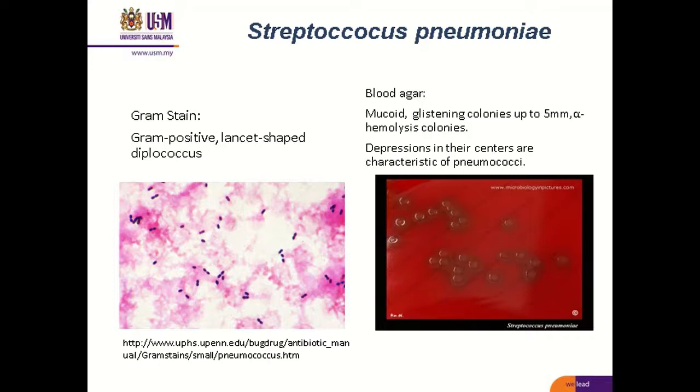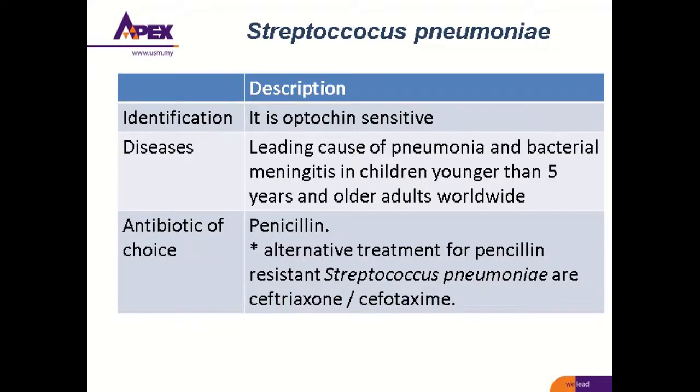The characteristic of the colonies on blood agar is a depression in the center, also known as target shape. So on blood agar, we can identify it: it is alpha hemolytic and it is optochin sensitive.